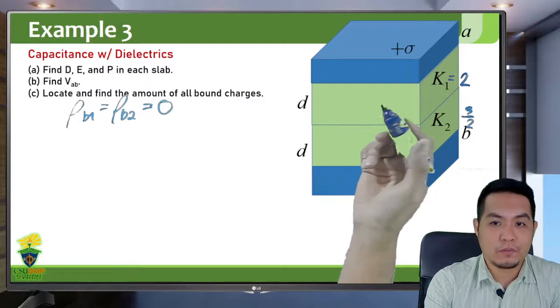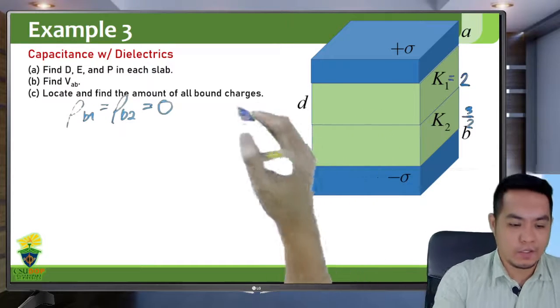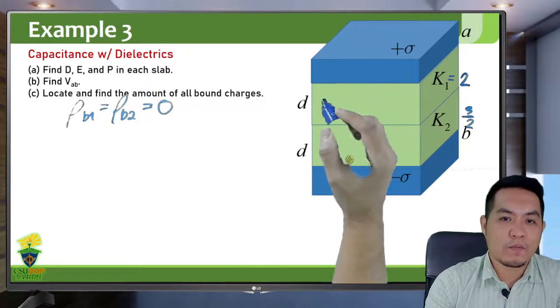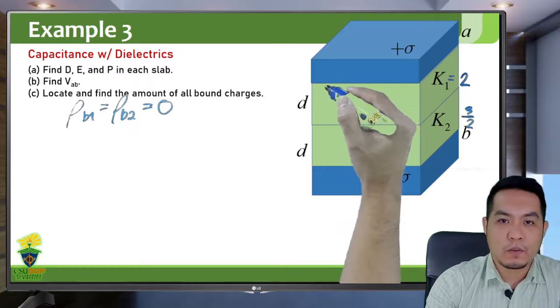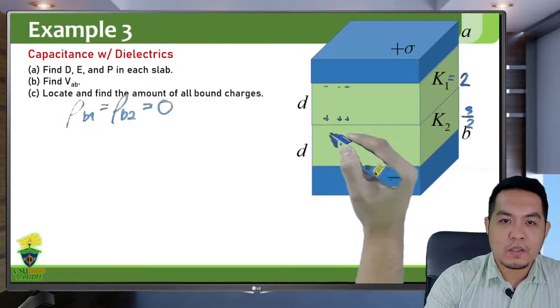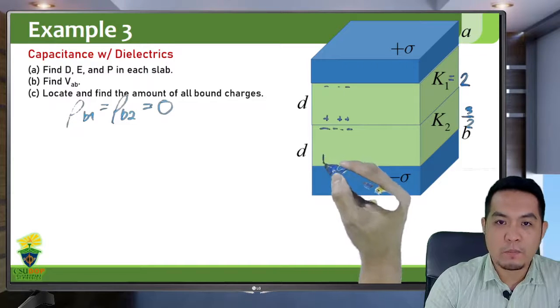So it has no derivative, so it has no divergence. So there are no volume bound charges, only surface bound charges. So there will be negative here, positive here, negative again here, and positive here.